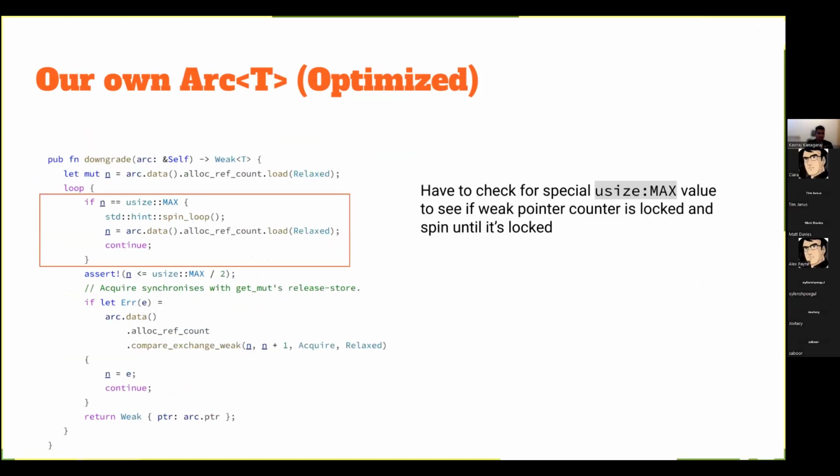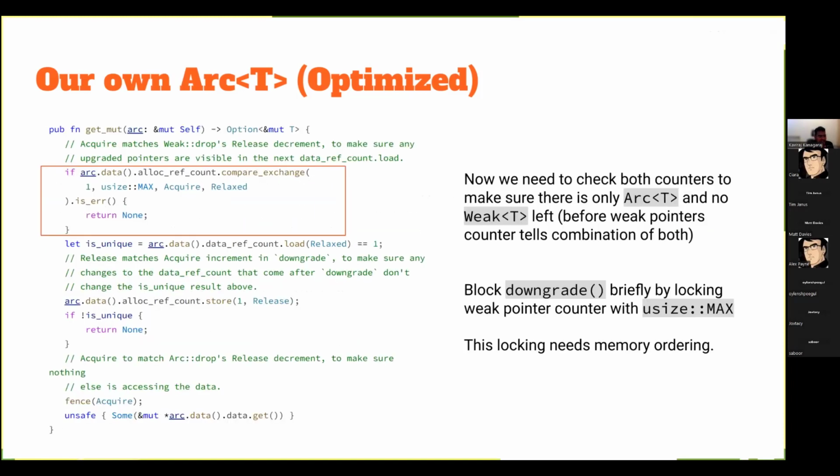And the downgrade only succeeds if the count is basically... so where are we doing this count check here? I don't know, I think I didn't fully understand this downgrade.